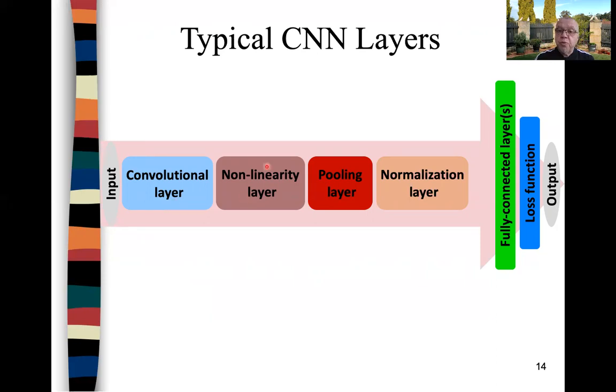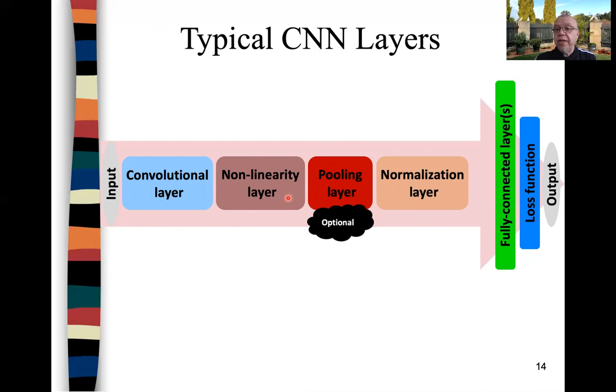So we need some sort of nonlinearity here. We also need a pooling layer, which we're going to explain. It is optional, but most of the time it is used in most CNN architectures used to solve computer vision problems.